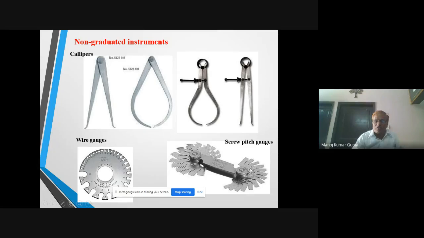Or this is the screw pitch gauge. There are a number of leaves on both sides, and threads are also marked on these leaves.